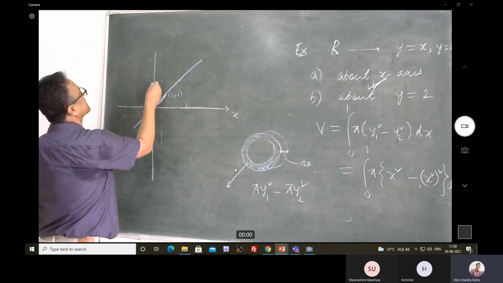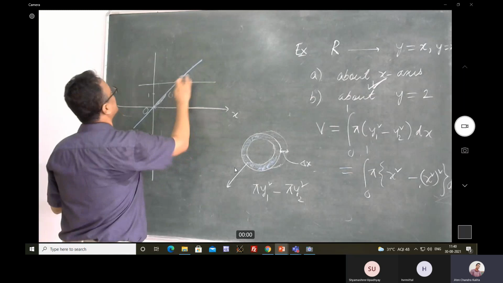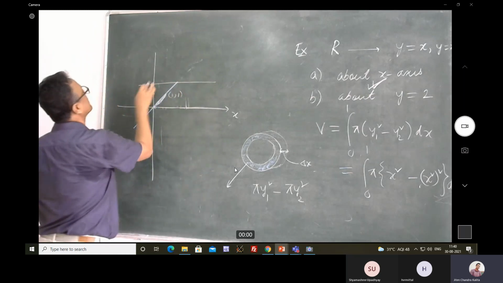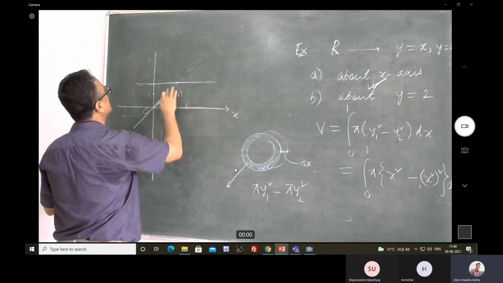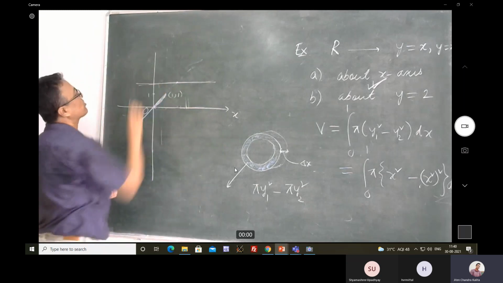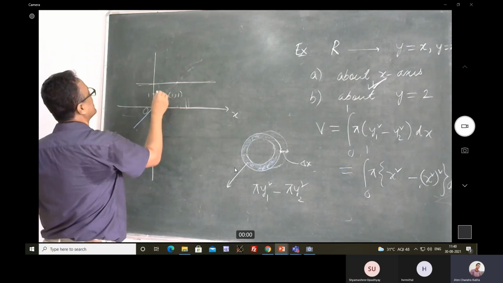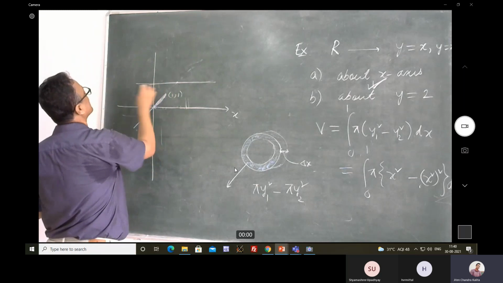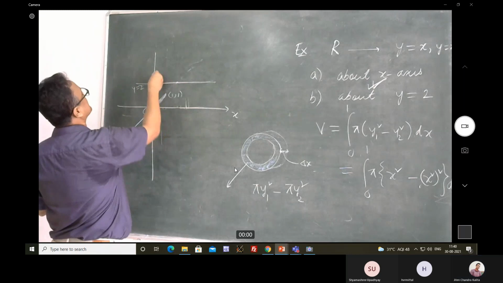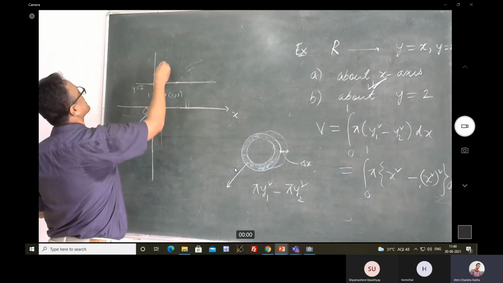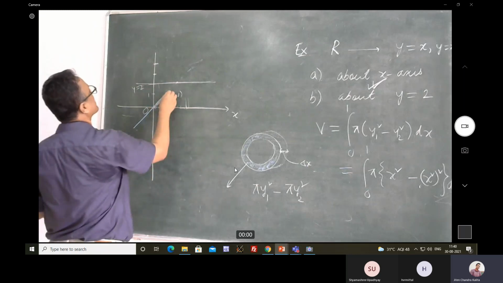Say this is 1, this is 2. I have to think about rotating this region about this line. This is y equal to 2. This is say 3, this is 4. So then what are we going to get?